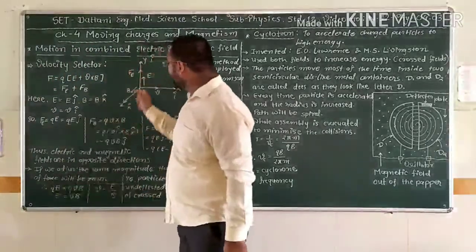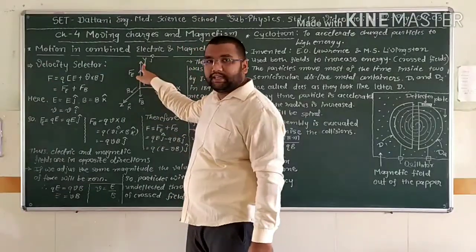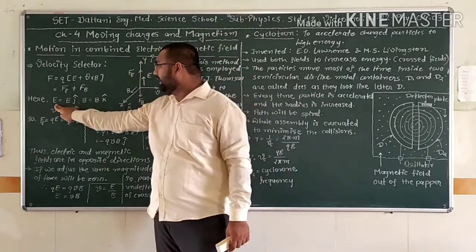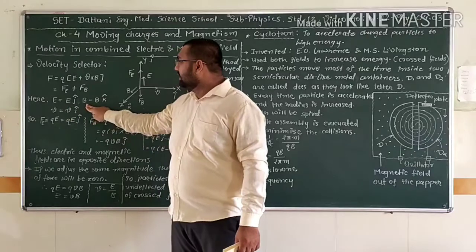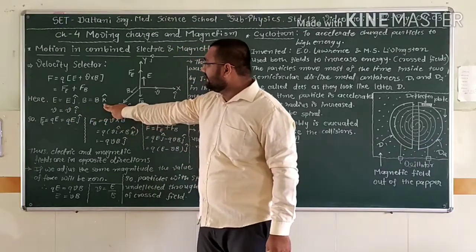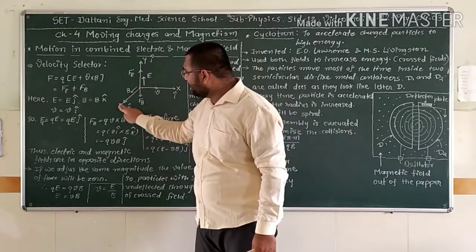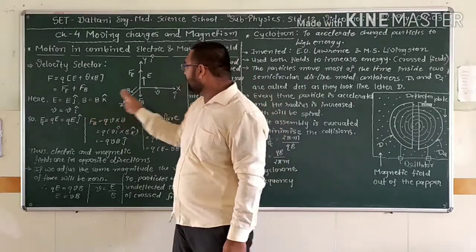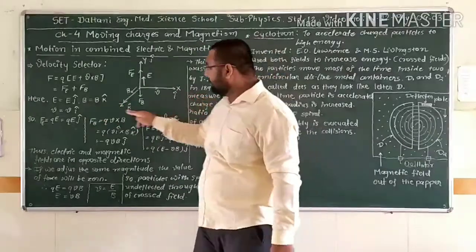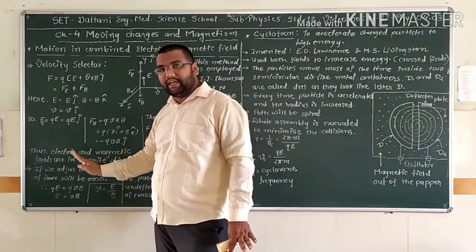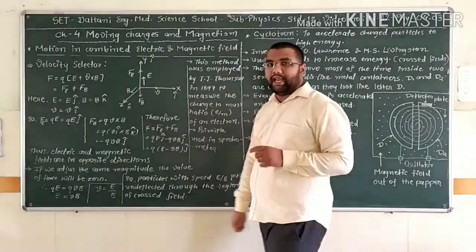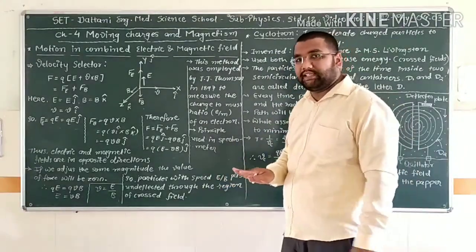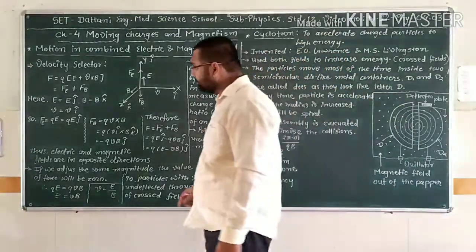So the electric field is in y direction, denoted by j caret. So here E equals j caret. The magnetic field is in z direction, denoted by k caret, and velocity is in x direction, denoted by i caret. So i, j and k caret mean the direction of x axis, y axis and z axis.